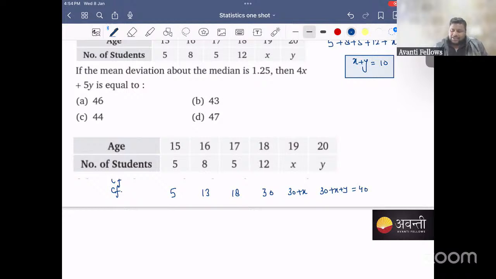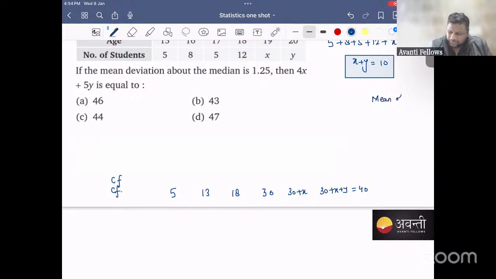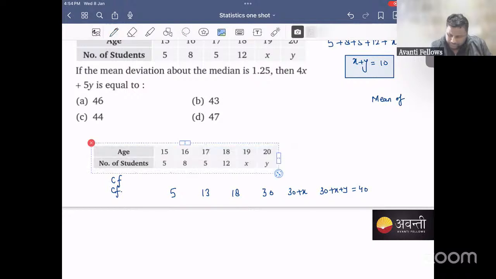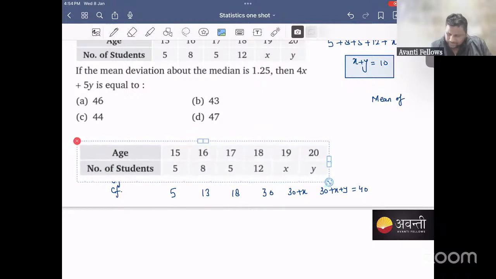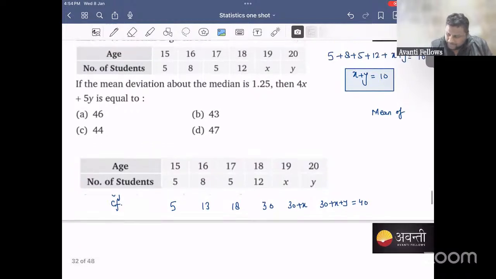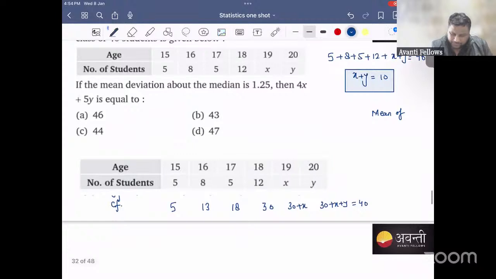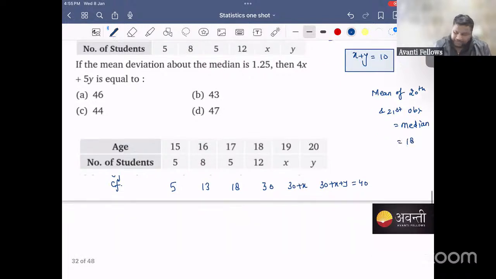Now the total is 40, that means the mean of the 20th and 21st observation is going to be the median. The 20th observation has age 18, the 21st observation also has age 18. So the median is going to be 18.